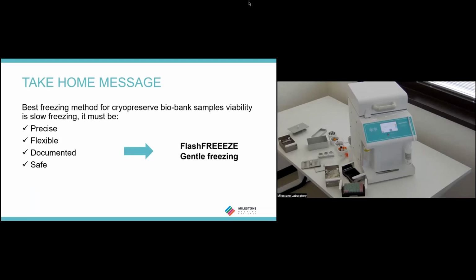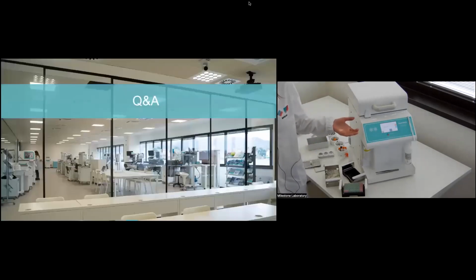And it documents all the freezing profiles of each sample. So it summarizes all the important features to achieve a perfect slow freezing. I hope my presentation has been clear and useful for you.